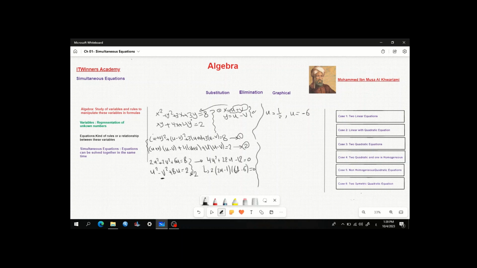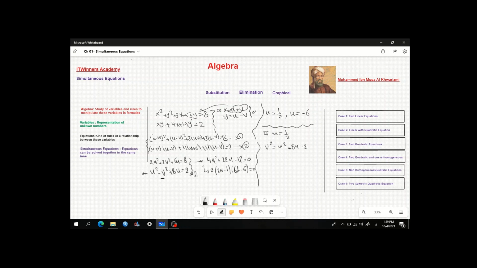Okay, if u equal to half, in this equation v squared equals u squared plus 8u minus 2.